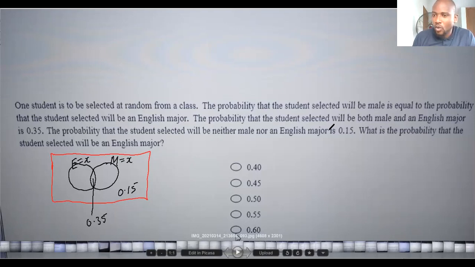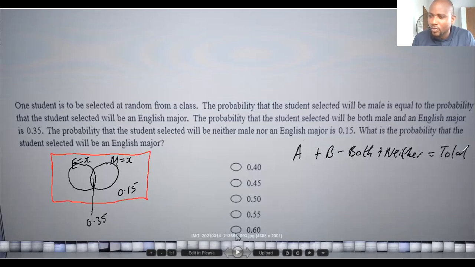But the question is asking, what is the probability that the student selected will be an English major? So basically, they're looking for X, not an English major only. So that's why your answer is X. Using our formula we've just learned, A plus B minus both plus neither equals the total.